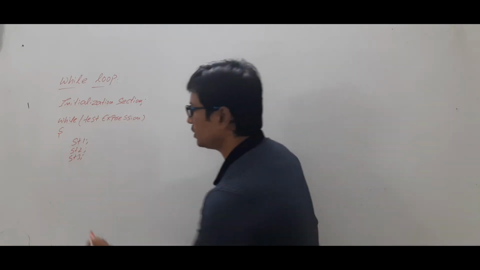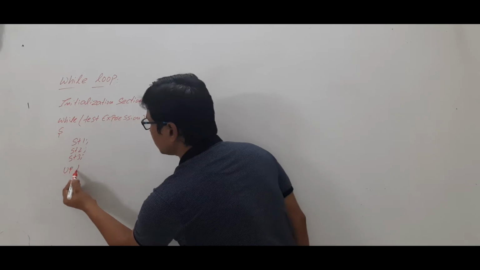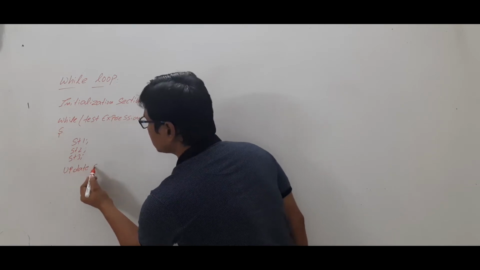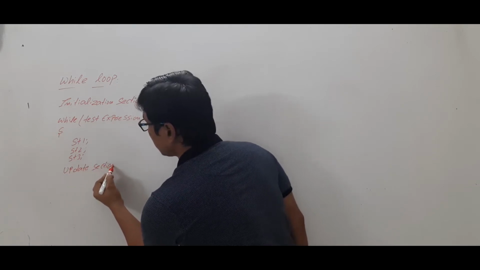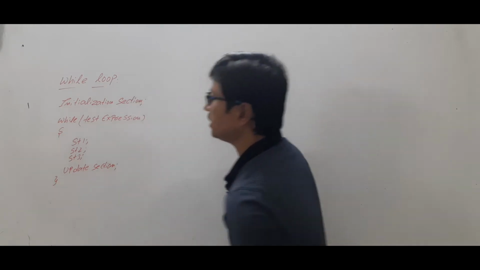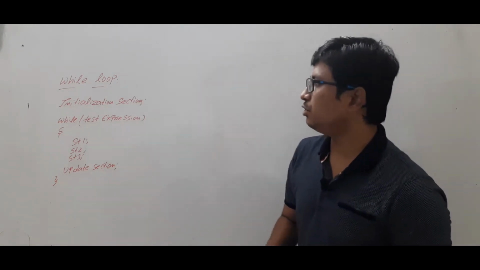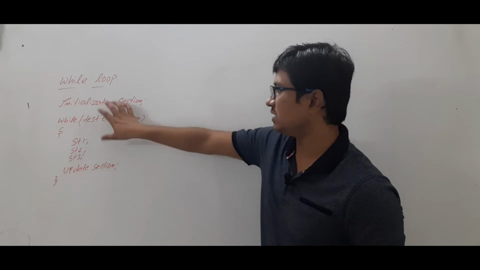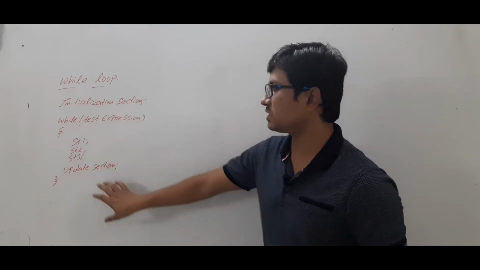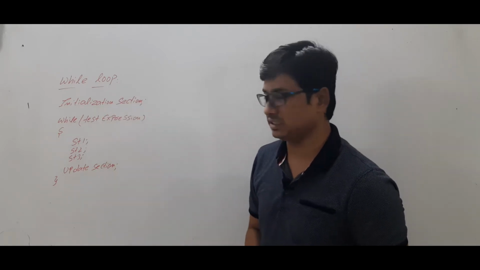At the last you will have the update section, and then you will close the while loop. So any loop should have these three sections: the initialization section, test expression, and the updation section.